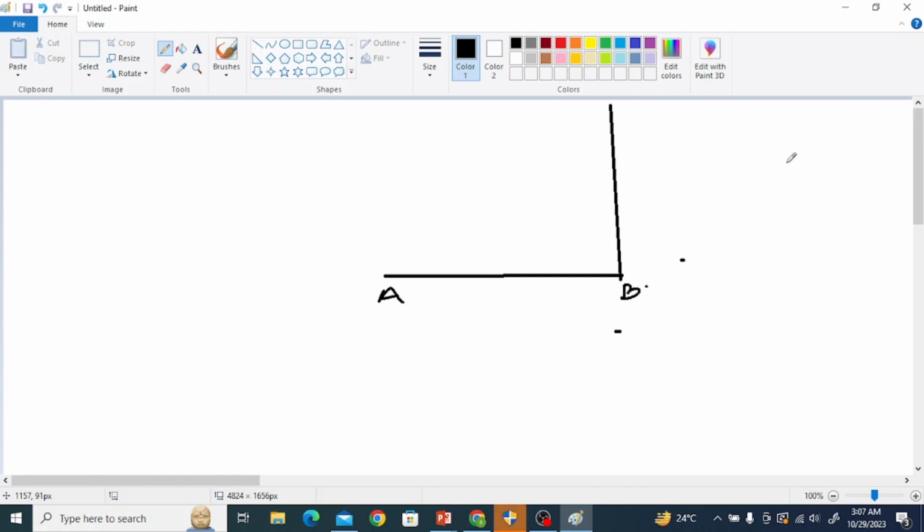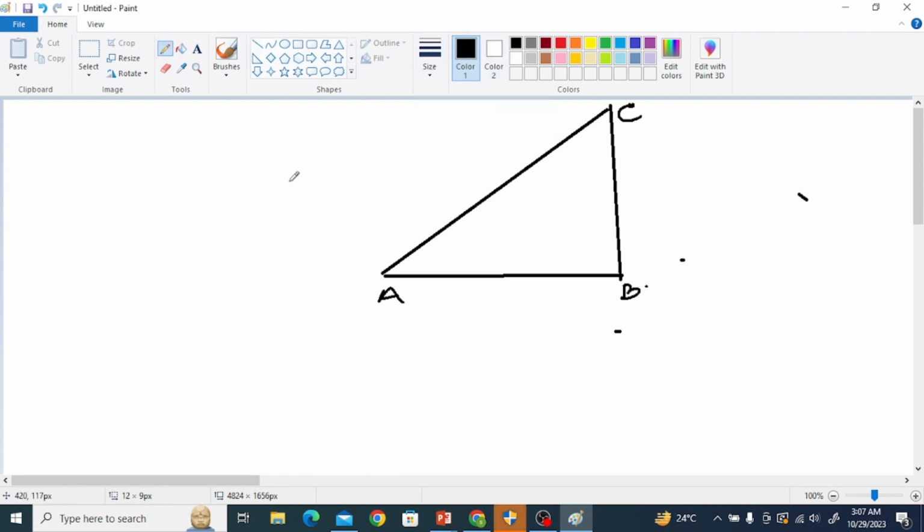So when you want to find the displacement from A to C, you have to join point A with point C. This will give you the displacement from A to C. You can verify it by the vector diagram, vector addition method, or you can also use Pythagoras theorem for finding the total displacement.